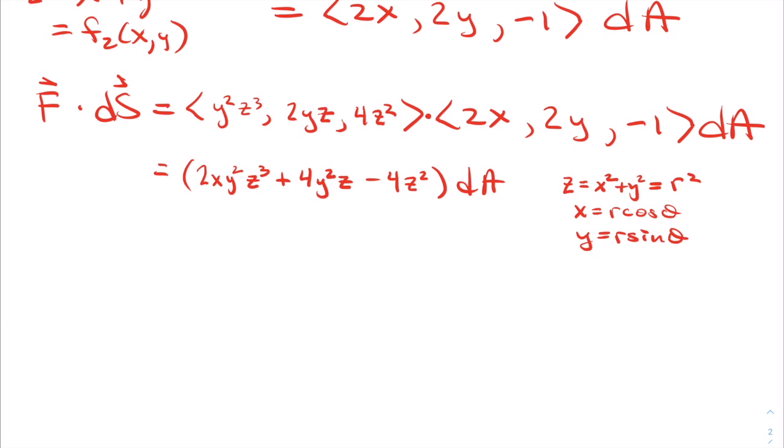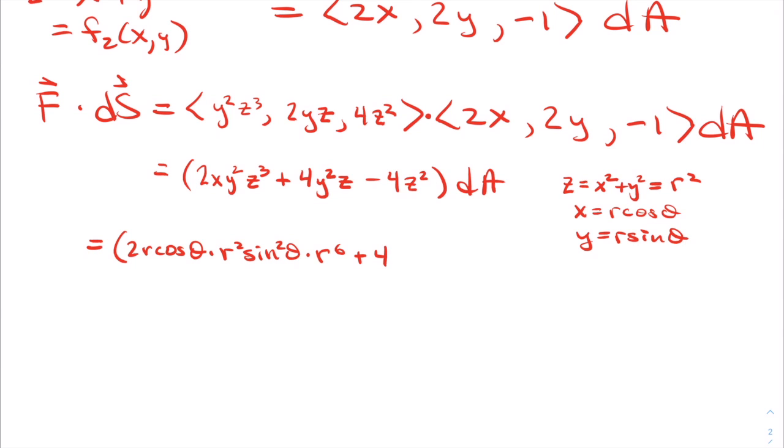Okay. We know what dA is, here goes. Ready? This is not going to be pretty. So you're going to get 2r cos theta times r squared sine squared theta times z to the third. That'll be r to the sixth. Then plus 4y squared.